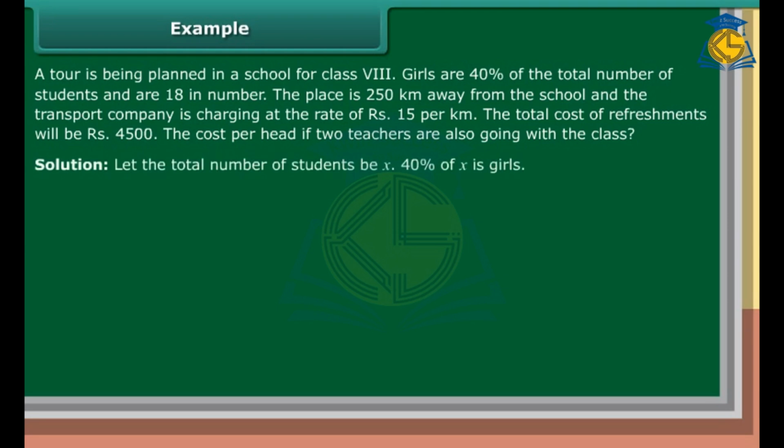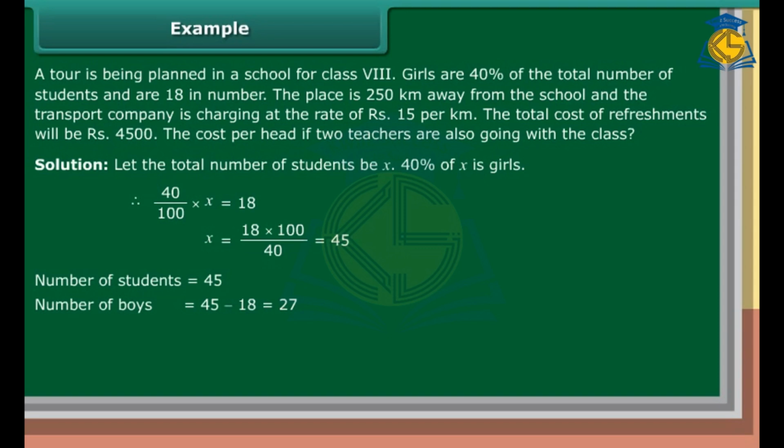Solution. Let the total number of students be X. 40% of X is girls. Therefore, 40/100 into X is equal to 18. X is equal to 18 into 100 upon 40, which equals 45. Number of students is equal to 45.